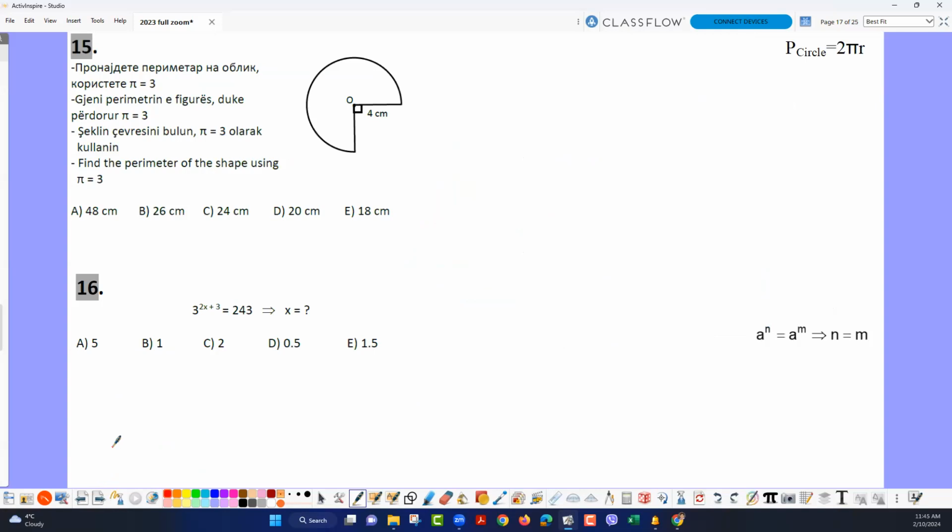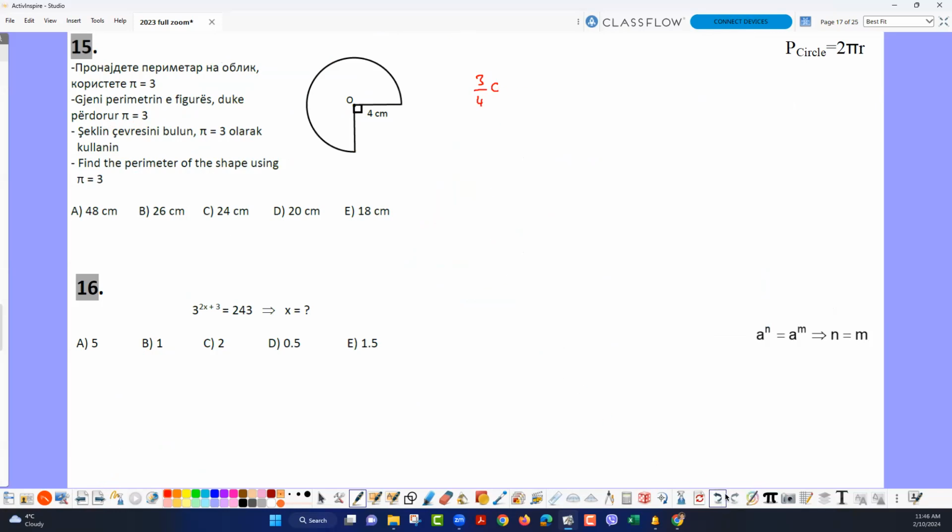Here in the 15th question, it is asking to find the perimeter of the figure. Finding the perimeter of the figure, we have 3/4 of circle perimeter.